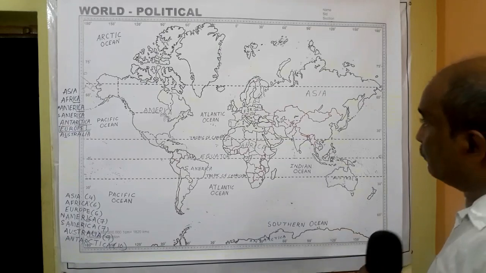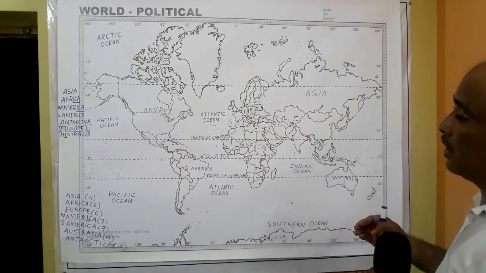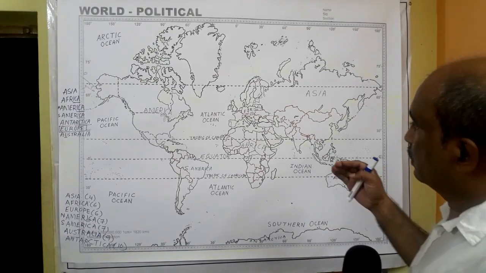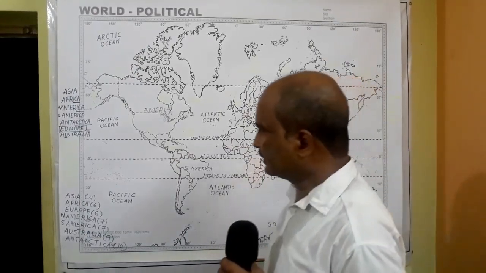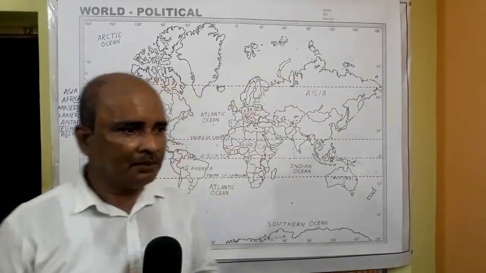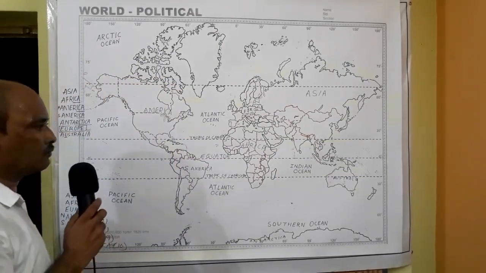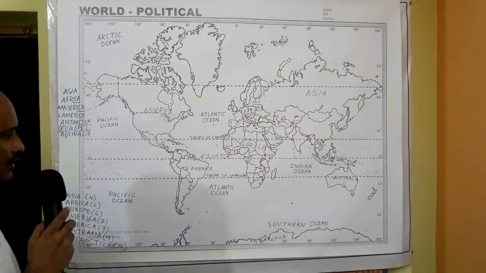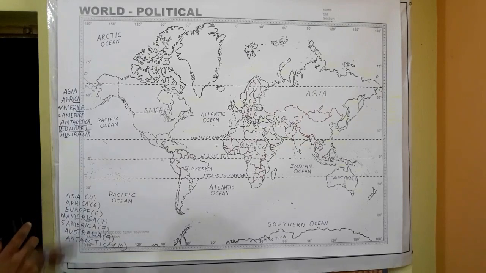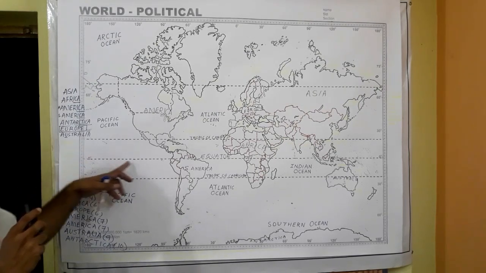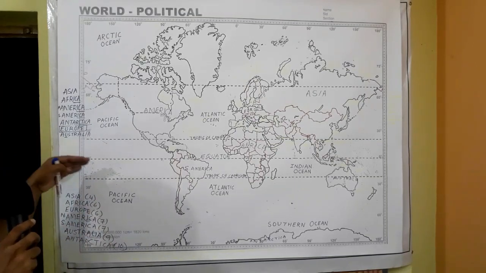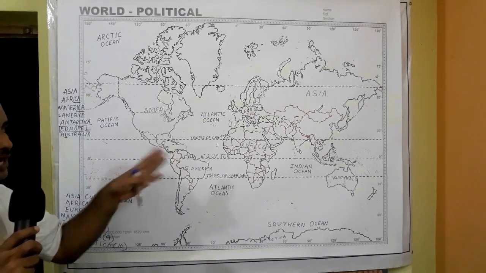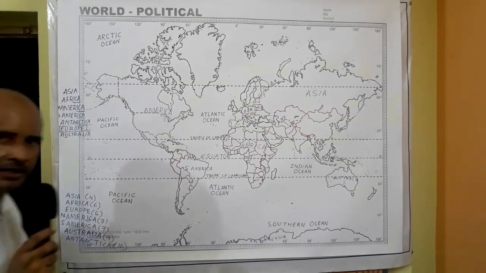In the same way we will now learn another important section, and that section is to remember more number of countries, and for better understanding we need to learn that this particular 0-degree equator passes through how many countries. That's a very important question.